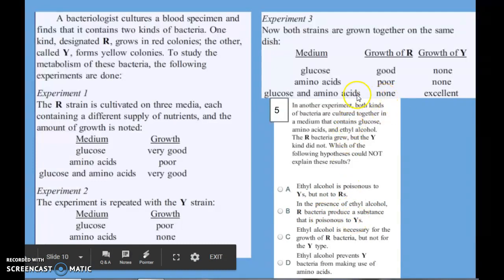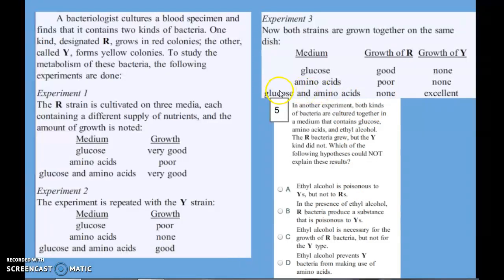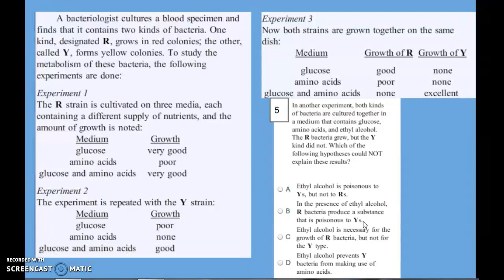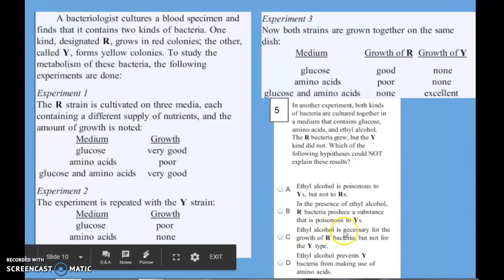Remember last week we talked about when R and Y are both put in glucose and amino acid, that Y produces something that kills off or keeps the R bacteria from growing. So it makes a lot of sense that when they're put with ethyl alcohol, it might do something in the same fashion.